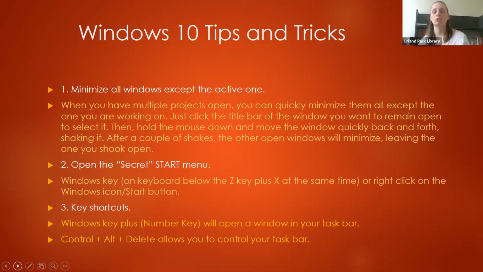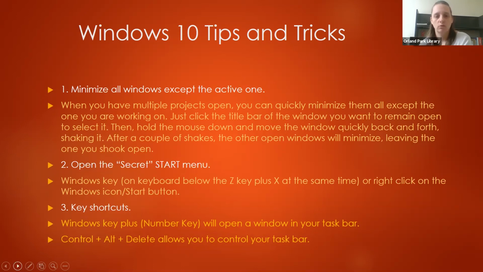So again, if you have multiple projects open, let's say you're working on a Word document, and then you also have a spreadsheet open on your computer, you can quickly minimize all of them at the same time, and just keep the one that you want to have open and working on right there. Now you can do that by minimizing each one, or you can do that all at the same time. If you were to do that all at the same time, this is how you do it.